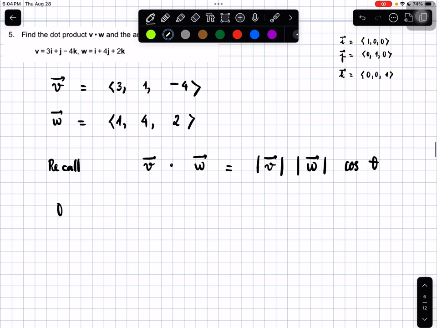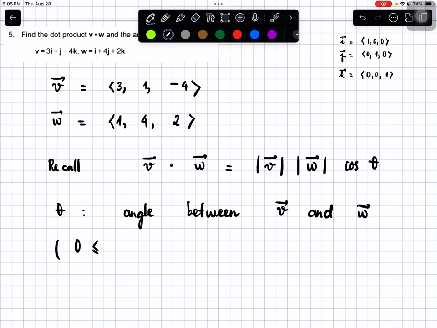Here theta is the angle between two vectors v and w, and the angle theta is between 0 and pi.